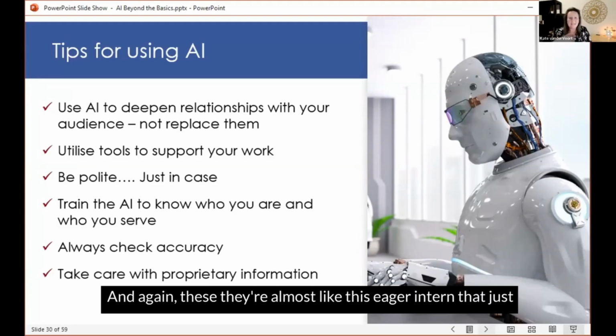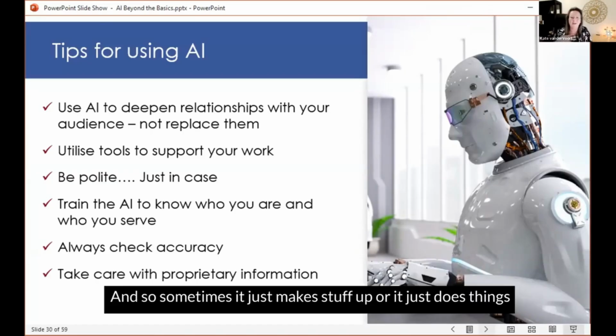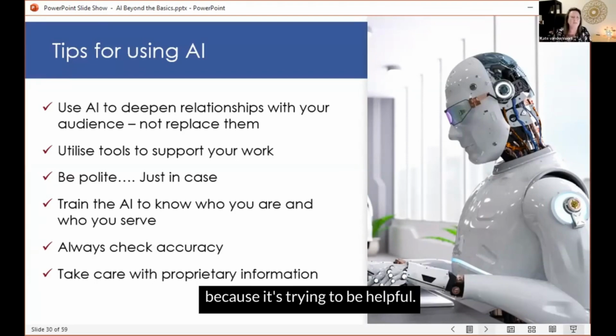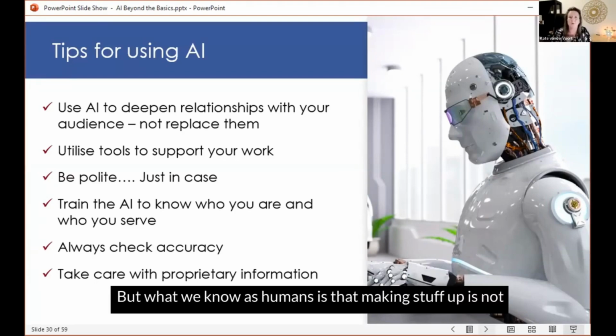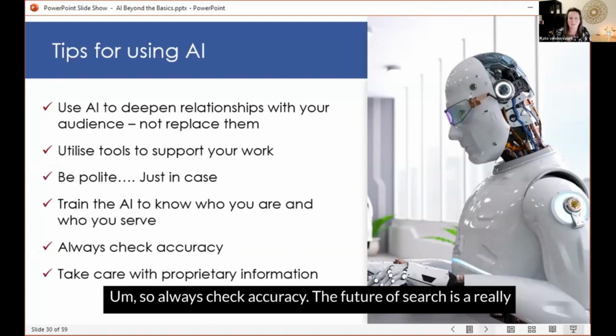They're almost like an eager intern that just wants to help, and so sometimes it just makes stuff up because it's trying to be helpful. But what we know as humans is that making stuff up is not helpful, particularly in business.